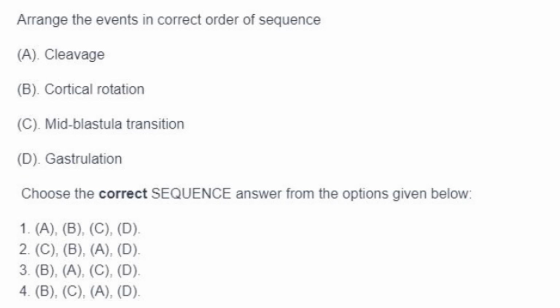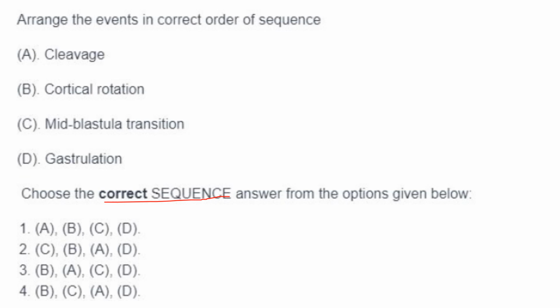Then the next one. Arrange the events in the correct order of sequence. Cleavage, cortical rotation, mid-blastular transition, gastrulation. So you have to find out the correct sequence. First will be cortical rotation, so B first. It is the rearrangement of the egg cytoplasm before cleavage, establishing the future dorsal-ventral axis.